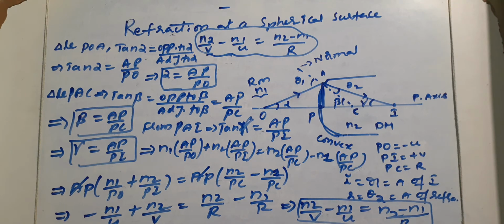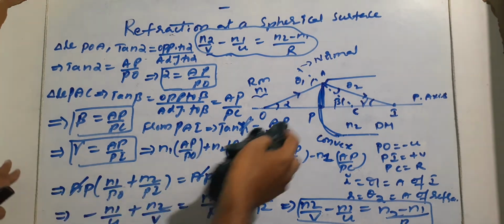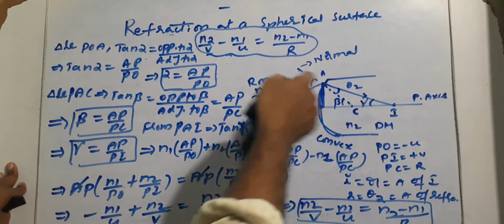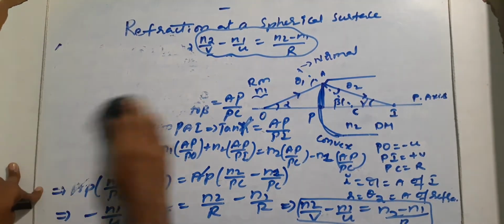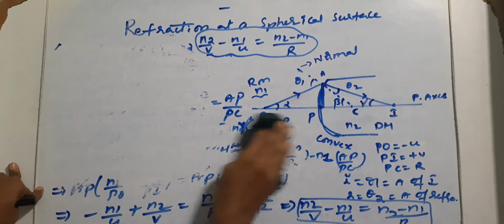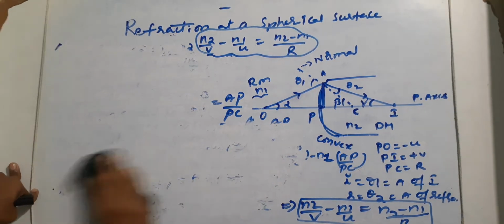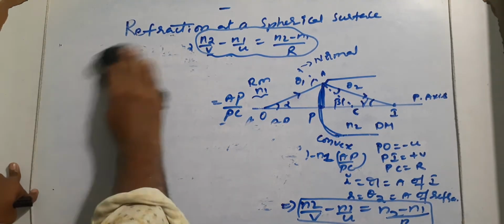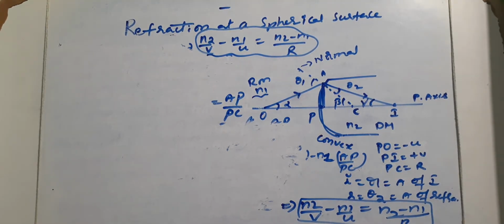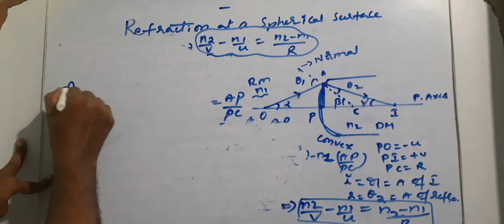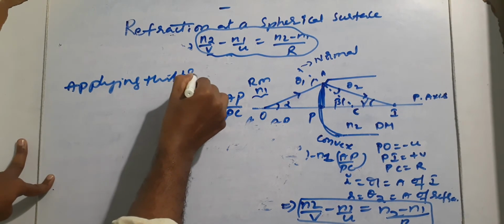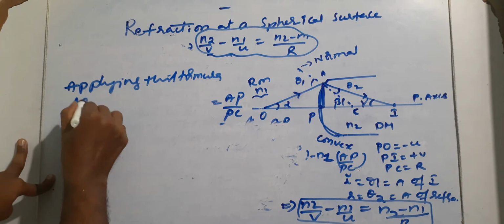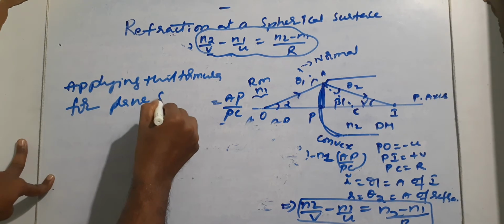So now suppose we are taking a plane surface. Suppose in place of this convex spherical surface, the surface is a plane. But how can we apply this formula in the case of a plane surface? So when the refracting surface is a plane, we apply this formula for a plane surface.